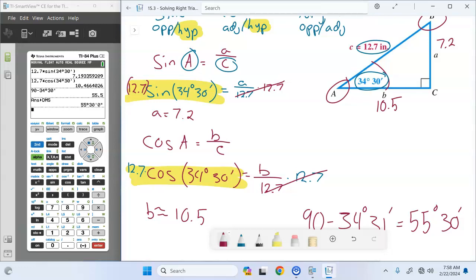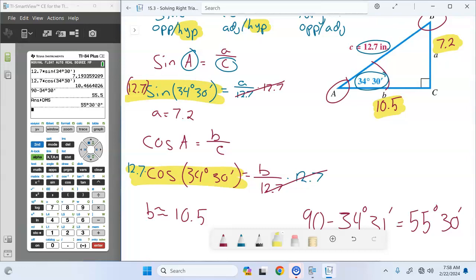Most of the values we solve for, or I guess two of the three that we solved for, were rounded values. They were estimates, okay? When at all possible, don't ever use an estimate to solve for another thing, because most of the time it might be okay, but it's not always going to be exactly the same.